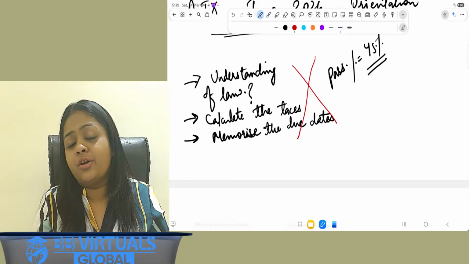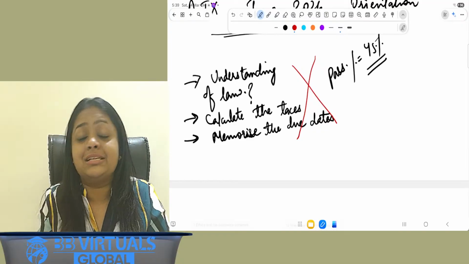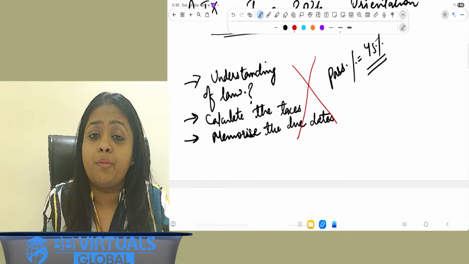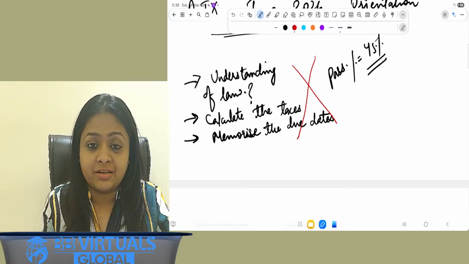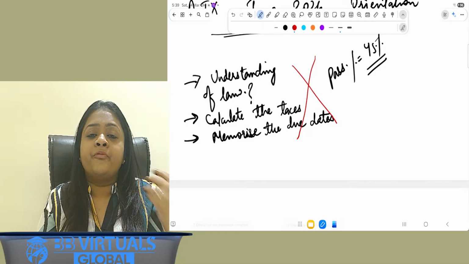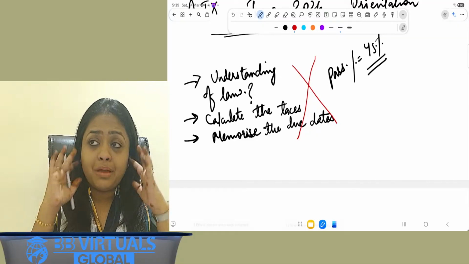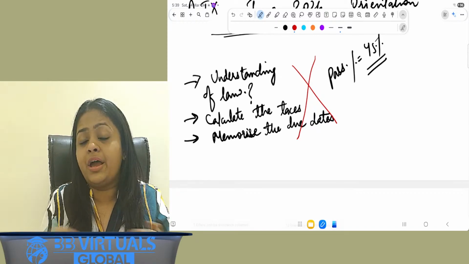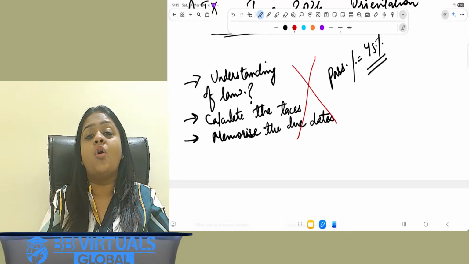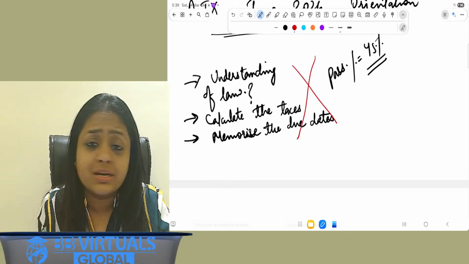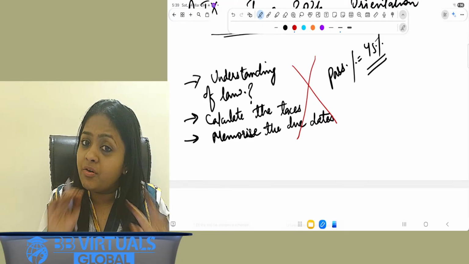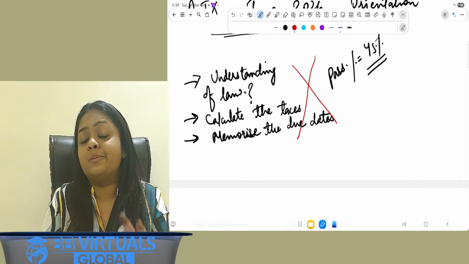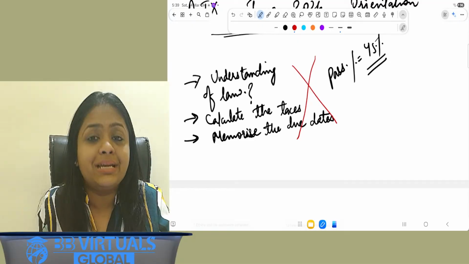Nor are they looking into whether students know how to work out income tax calculations, or whether students can memorize the due dates, that is, when the tax is due, when returns are to be filed, what the penalty rates are, and so on. Are they really looking for it? No, because this was already covered in your skills level. Then what is the perception of the examiner when it comes to ATX?